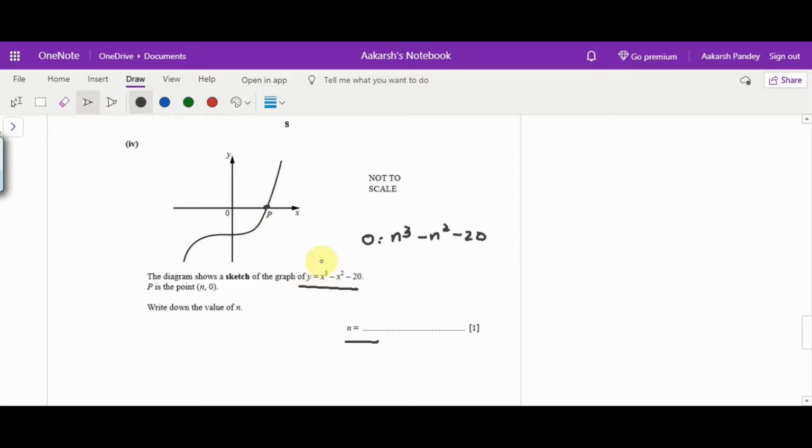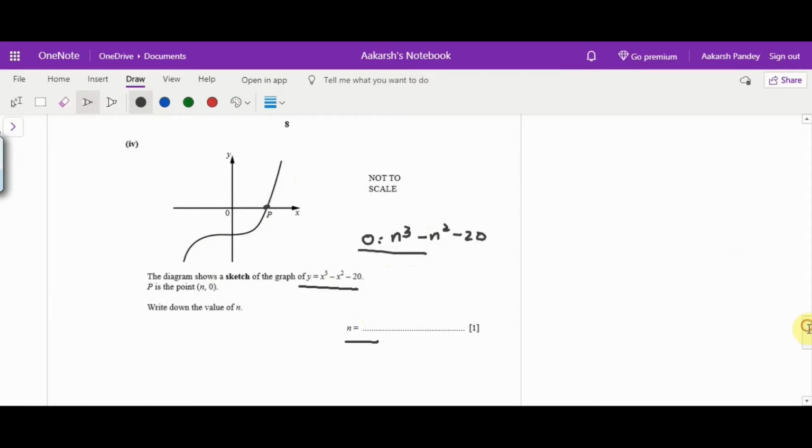So we just found that out in the previous question by checking where the intersection is for y equal to f of x and f of x equal to x square. So all you have to understand over here is that if you substitute this point, because they say that p lies on this curve, you get this equation, and this equation is just what you found out in the previous question.